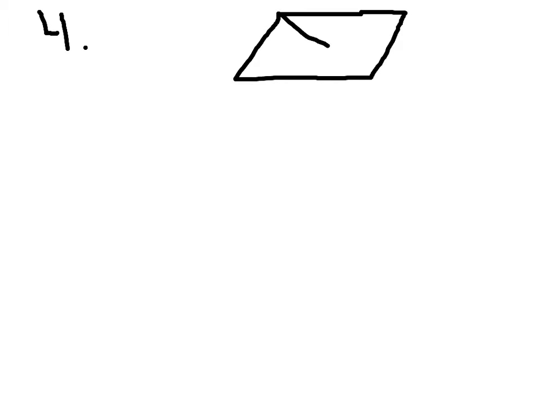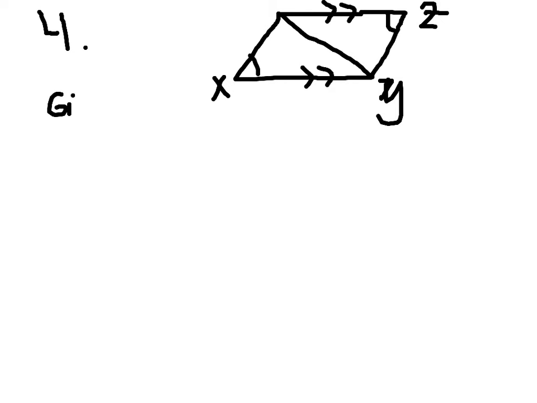So in number 4, we have this nice shape here, and they gave us some information. W and Y, Z, angle Z is equal to angle X, and opposite sides are parallel. Okay? The biggest thing I see people do is they don't read their given. Okay? And here's what you're given.